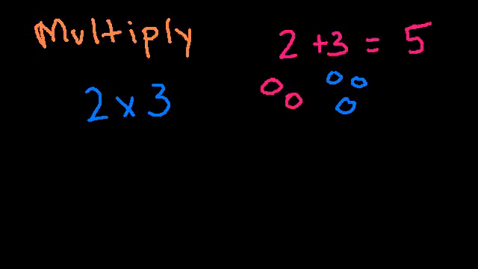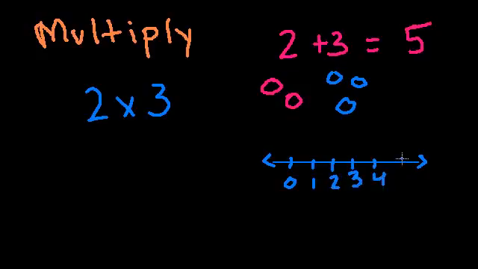Or likewise, if I had our number line, and you probably don't need this review, but it never hurts to reinforce the concept. And if this is 0, 1, 2, 3, 4, 5, if you're sitting 2 to the right of 0, and in general, when we go positive, we go to the right.